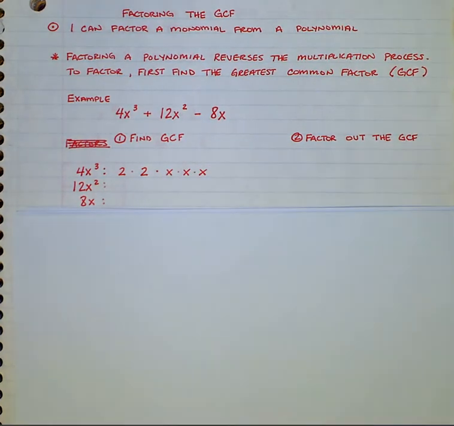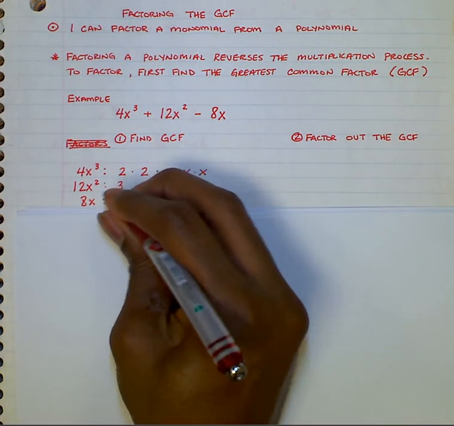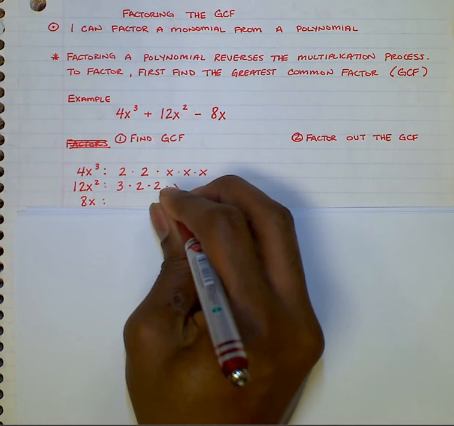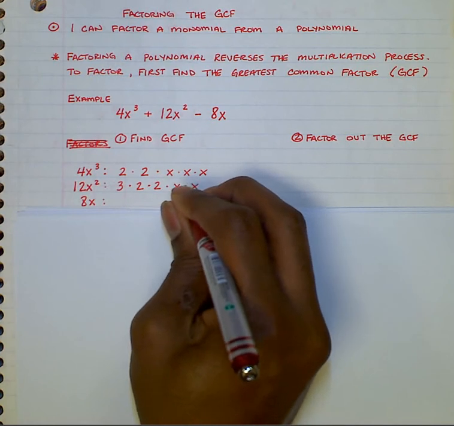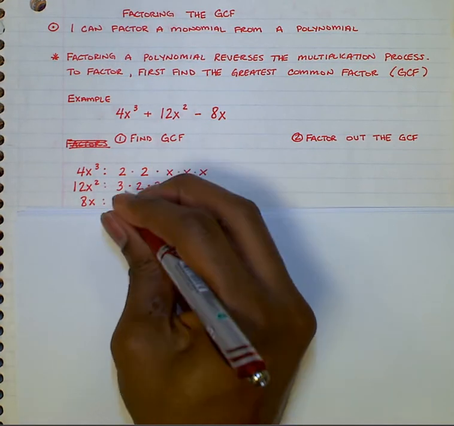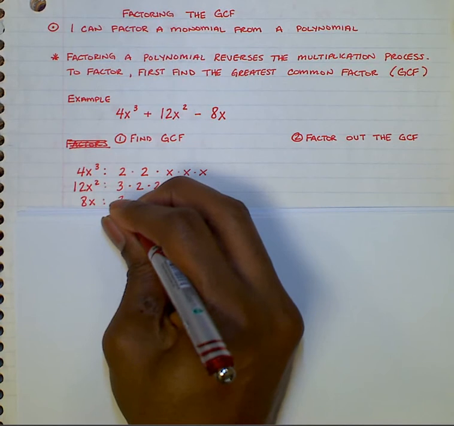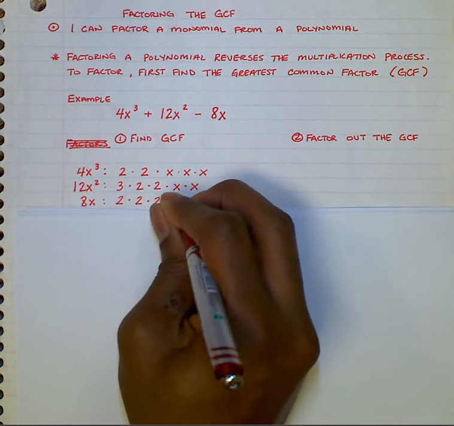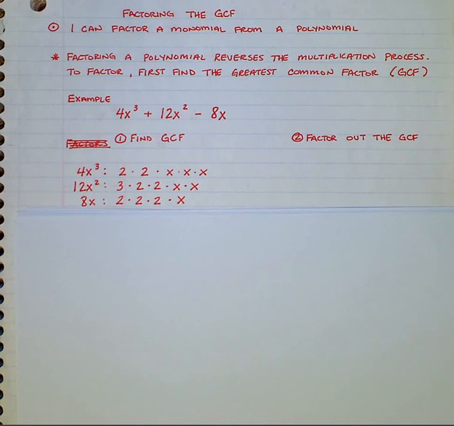I'll do the same thing with these other numbers as well. So I have 3 times 2 times 2 times x times x. And here I have 2 times 2 times 2 times x. Alright, so this is the prime factorization for each of these terms.